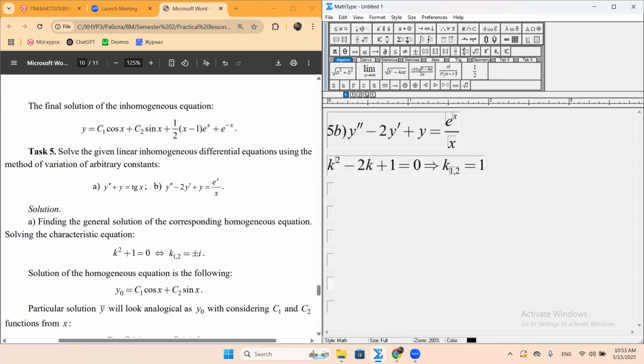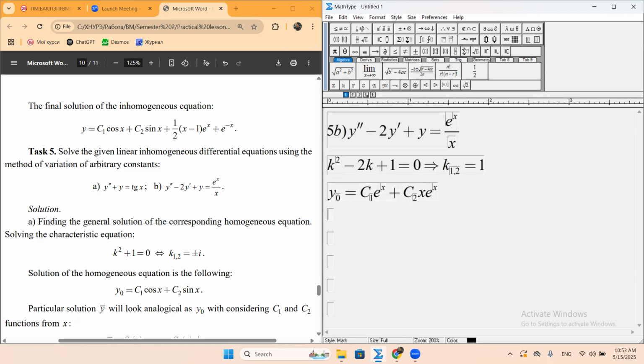So the multiplicity of the root is 2. Then writing down the solution of the homogeneous equation, it will be the following: C1 e to the power of x plus C2 x e to the power of x.